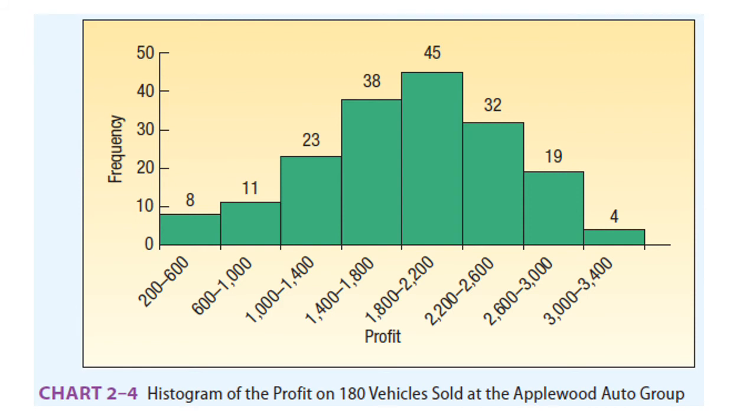Center. We can see the center is here somewhere, in our most frequent set of observations. So this 1800 to 2200 would basically be our center. If we were to guess the mean of this distribution, it would be somewhere within that range. And then spread. Typically it's a little bit challenging to identify the spread when you don't have something to compare it to.